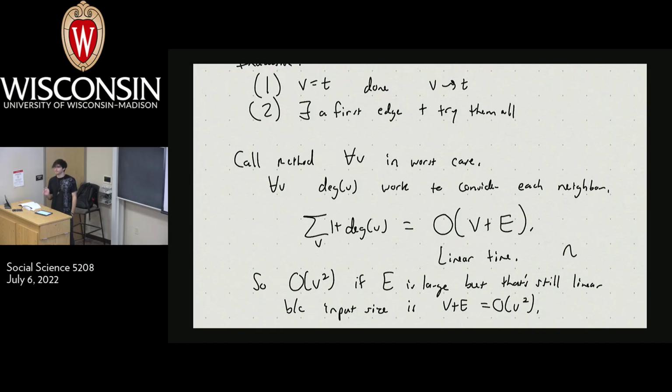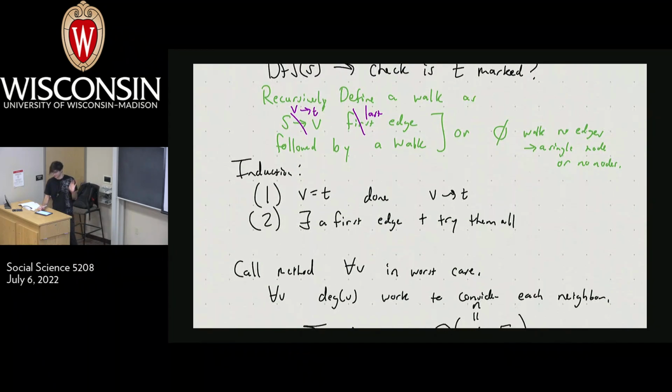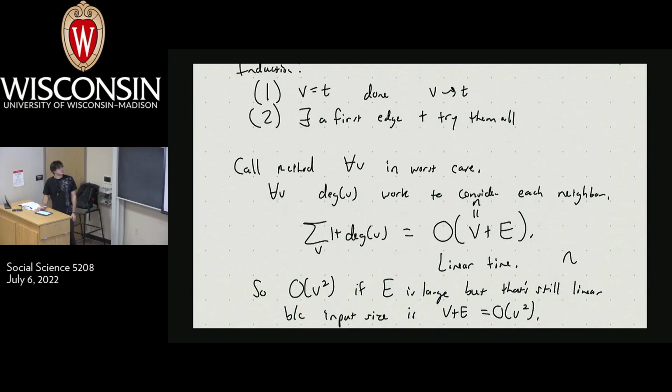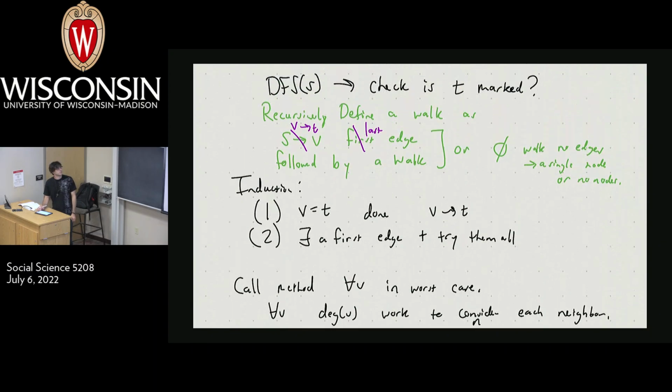Whereas for arrays, the input size and n are literally the same. Here, that's not true. n is usually just the number of nodes. That's what we use n to mean. Okay, so that's something I just want to throw out real quick. This won't be really important until the end of class, but I just wanted to mention it.